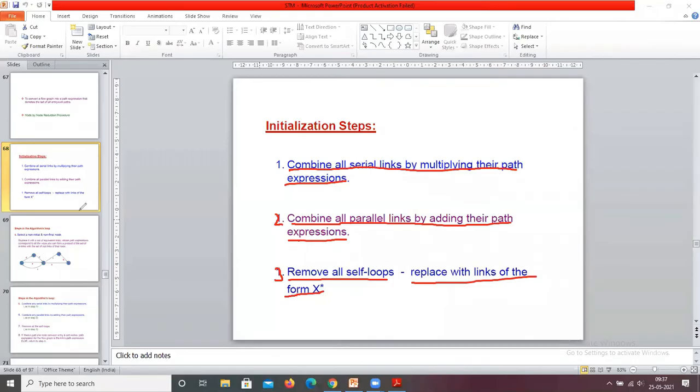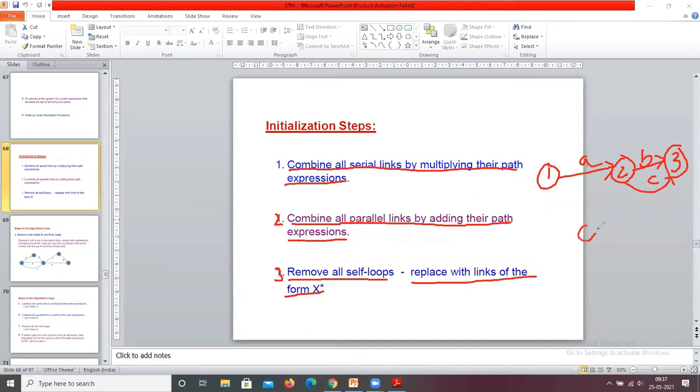For example, these are node 1, node 2, node 3, and let us assume these are the links.